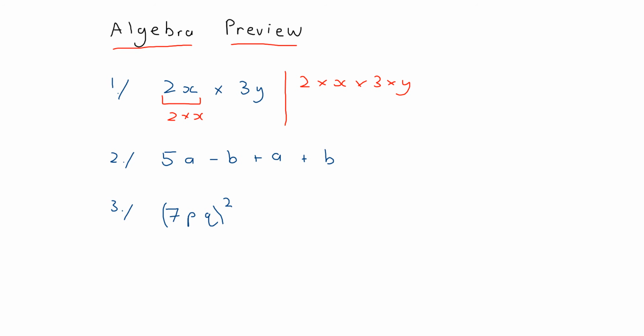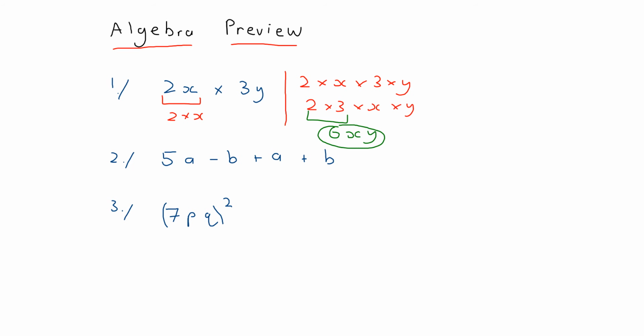But let's just put things in a nicer order now. That's 2 times 3 times x times y. Well, okay, but I know 2 times 3 is 6, so that's 6. And xy, when I'm doing my algebra, I don't need to write my times signs, so it's just 6xy.